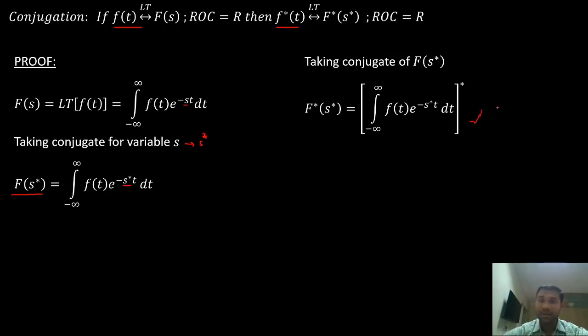This integral I'll get on the right hand side. Now if I take the conjugate inside, that means I'm taking the conjugate for this and this separately. So what happens? Integral minus infinity to infinity f conjugate of t, and then e power minus st whole conjugate, means conjugate and conjugate get cancelled.